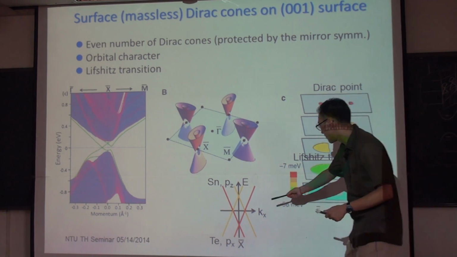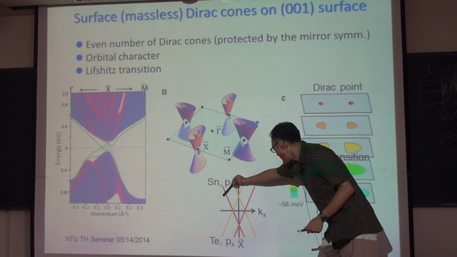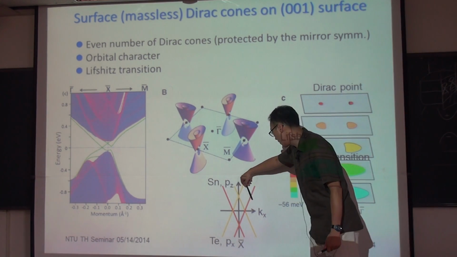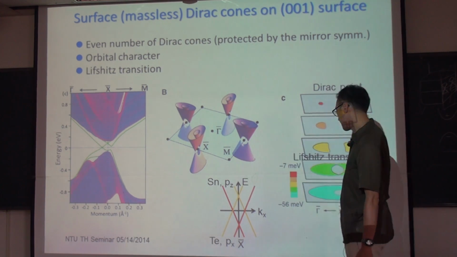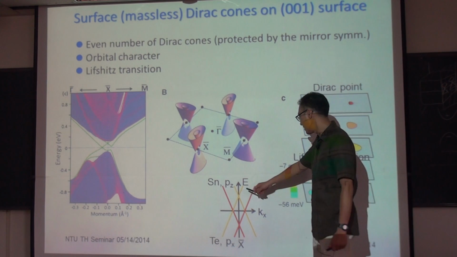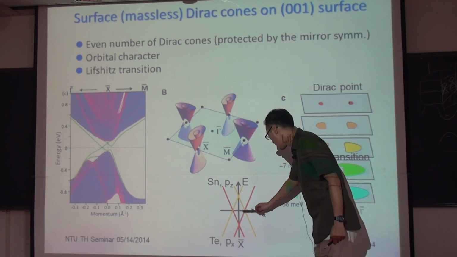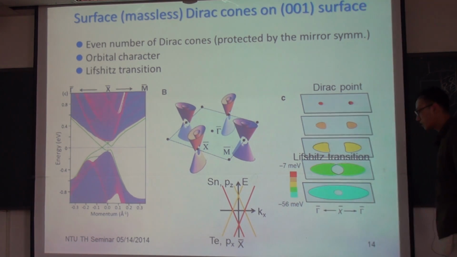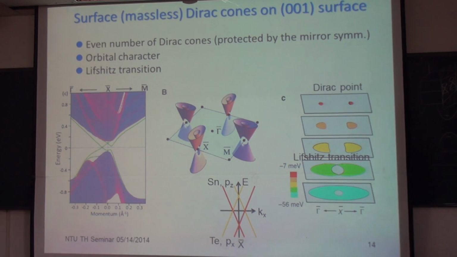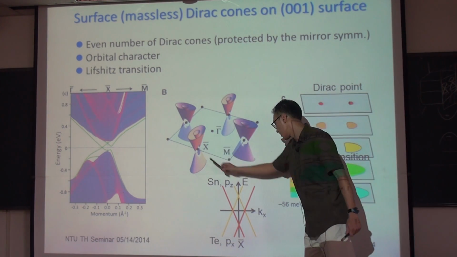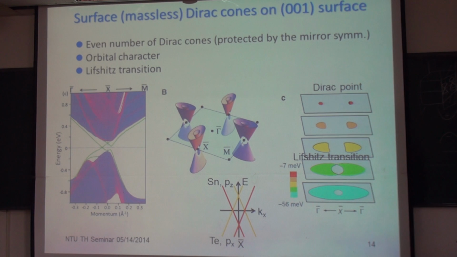As you can see, above the Dirac cone, for the outer range, you have a tin PZ orbital, but below the Dirac point, for the outer region, you have tellurium PX orbital. This is a schematic picture around this X point. So this is the second thing I want to mention.